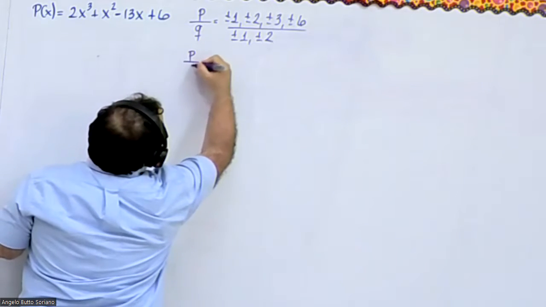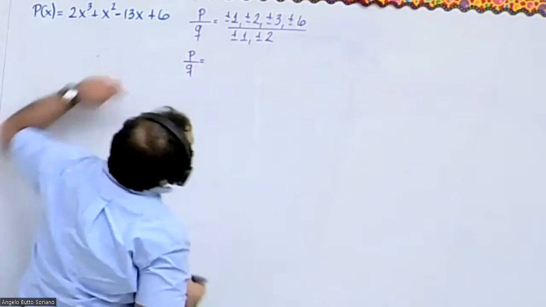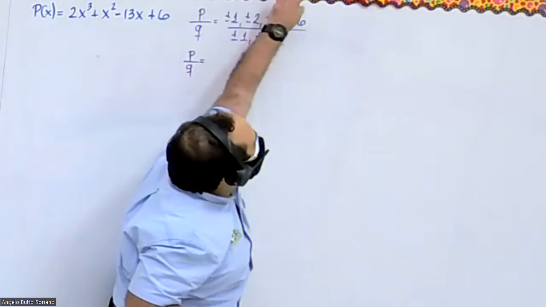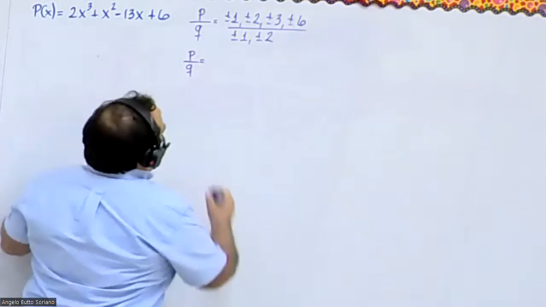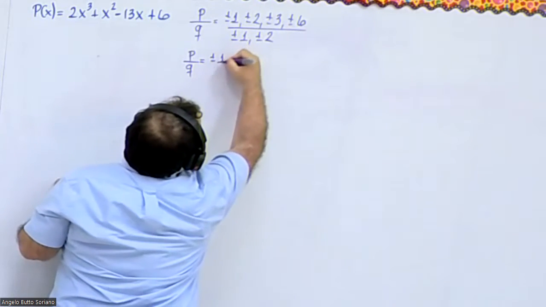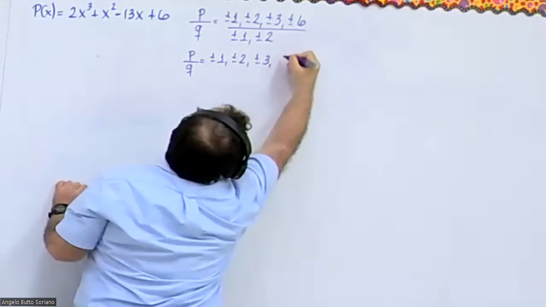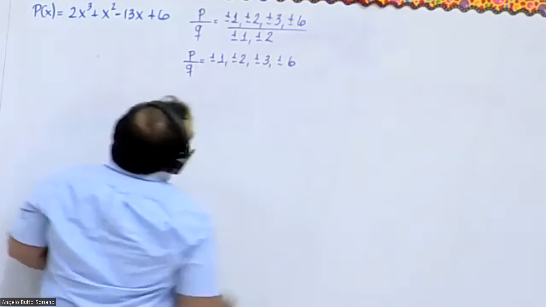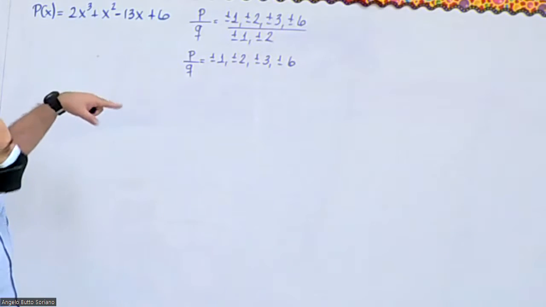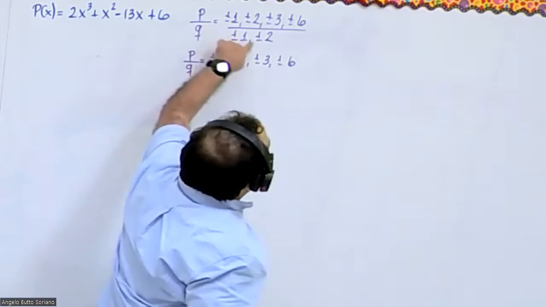Now, because we must divide, this is p factors versus q factors. All right, let's see. First of all, the multiples 1, 2, 3, 6 divided by 1 will be the same. Now we're going to continue the list, every one of them divided by 2.